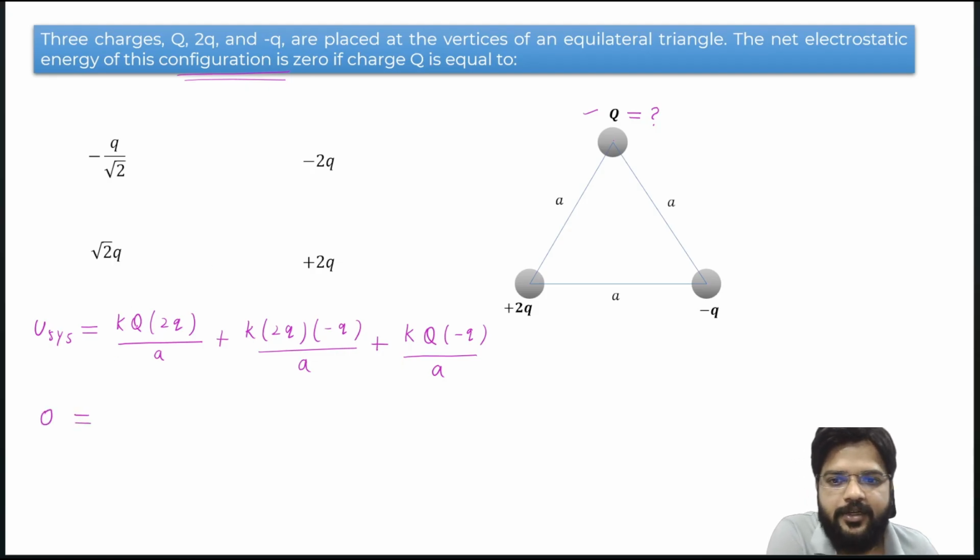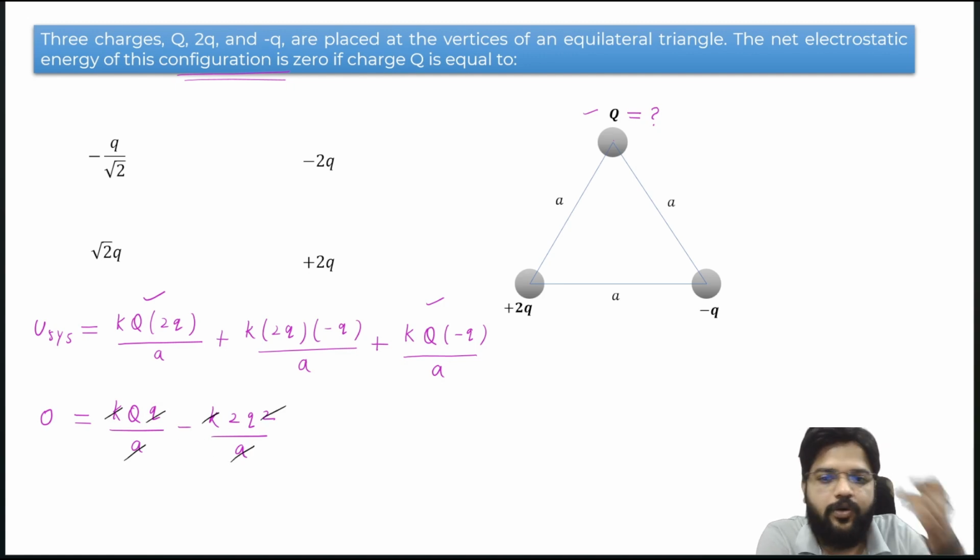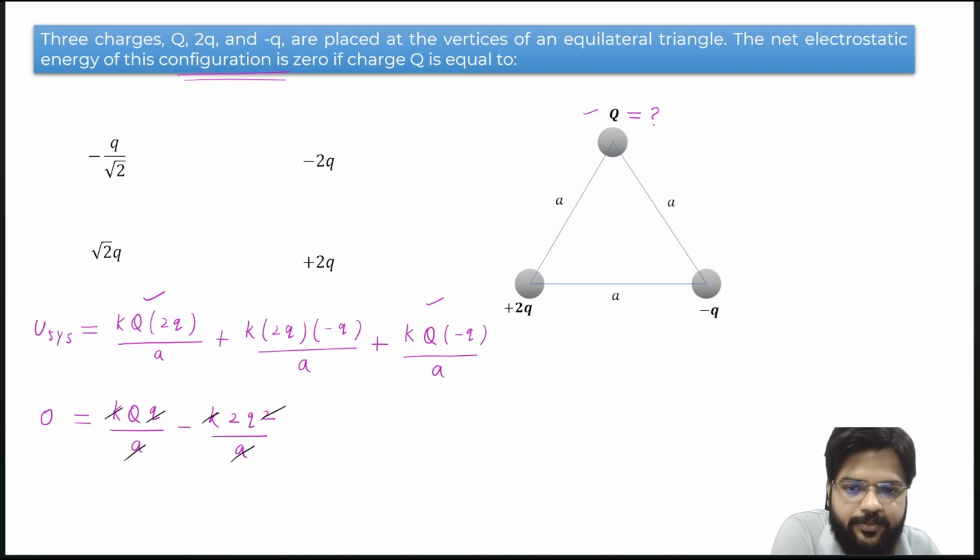Simplify: this is KQ 2Q by A and this is KQ minus Q by A. Simplifying these terms, you will get KQ Q by A, and here we have minus K 2Q square by A. Now this and this will cancel out. Take common and put on the left side, so it becomes 0. You can also do this. So finally, we are getting Q equal to 2Q, everyone.